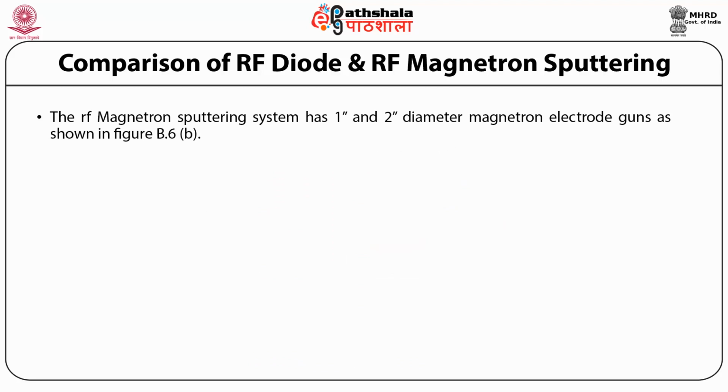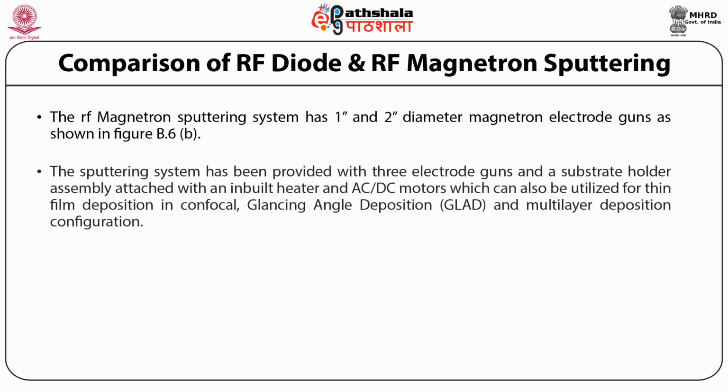The RF magnetron sputtering system has 1 inch and 2 inch diameter magnetron electrode guns as shown in figure B given above. The sputtering system has been provided with 3 electrode guns and a substrate holder assembly attached with an inbuilt heater and AC-DC motors, which can be utilized for thin film deposition in confocal, glancing angle deposition (GLAD), and multilayer deposition configurations.